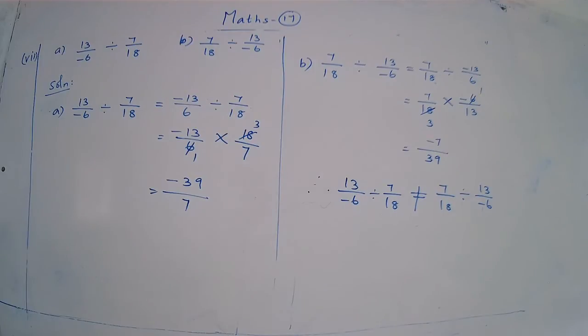Minus 9 upon 7, okay, children? The reciprocal of a negative rational number is also negative only, okay? In a reciprocal, the numerator becomes the denominator and the denominator becomes the numerator. Okay, children? So that's why reciprocal of minus 7 upon 9 is equal to minus 9 upon 7.